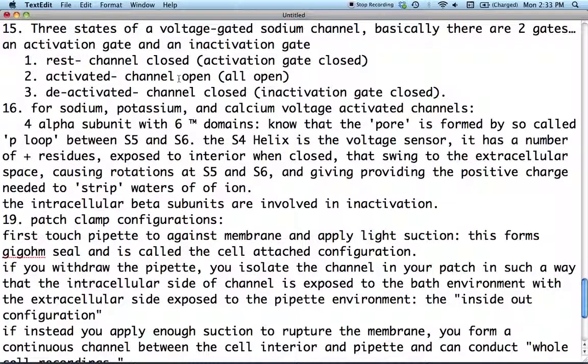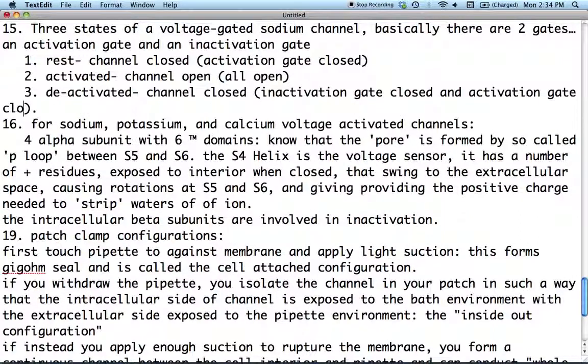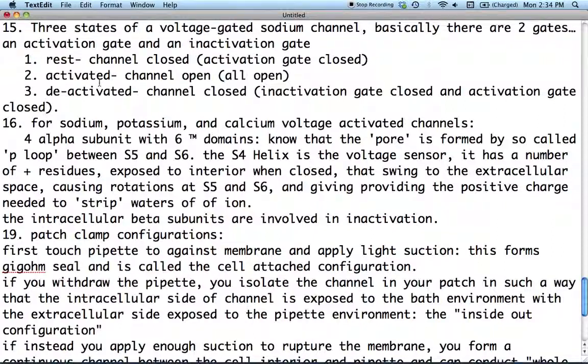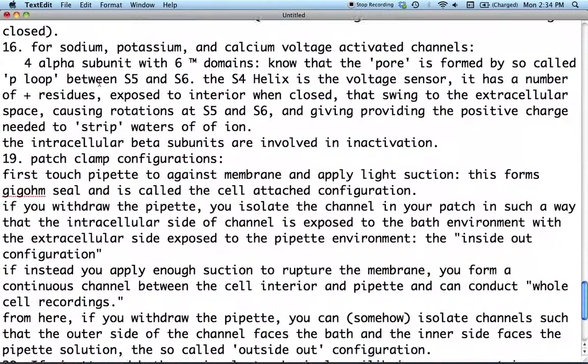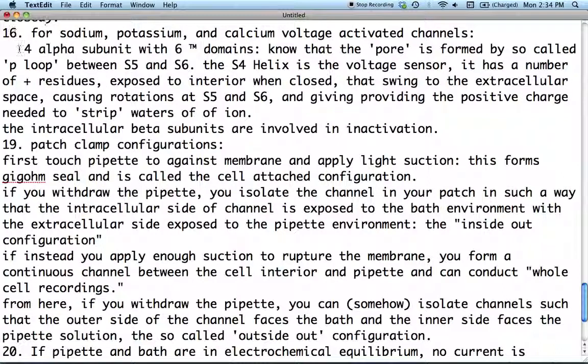And when the channel is in an inactivated state, the inactivation gate is closed. Everything's closed.